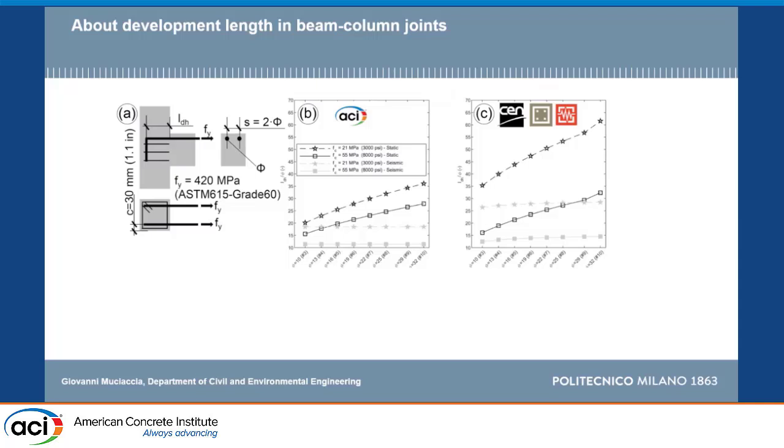in Europe, in CEN, we recently changed our approach to the calculation of what is called here development length. And we know that the model which is introduced for some cases gives a little bit higher prediction with respect to the past, and can give higher prediction with respect to the ACI if we look at the length over bar diameter ratio in cases like that, which are quite typical.